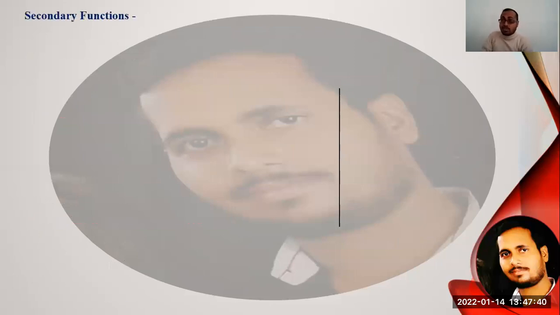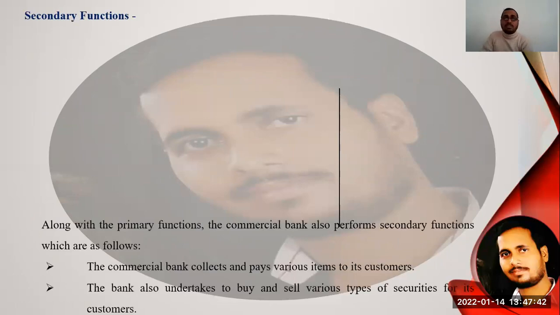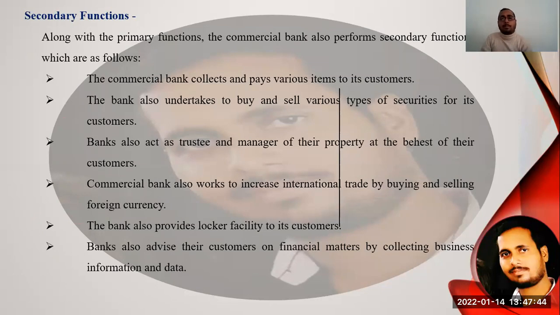Now the secondary functions. Under the secondary functions, students, along with the primary functions, the commercial banks also perform secondary functions, which are as follows. See on your screens, the commercial banks also collect and pay various items for their customers, and also pay as per the direction of their customers.